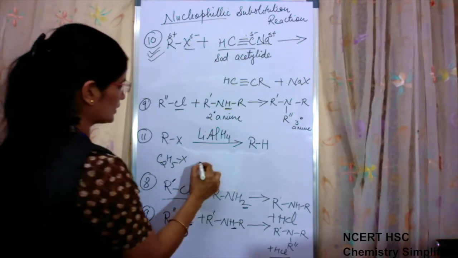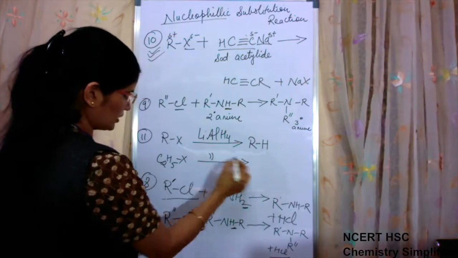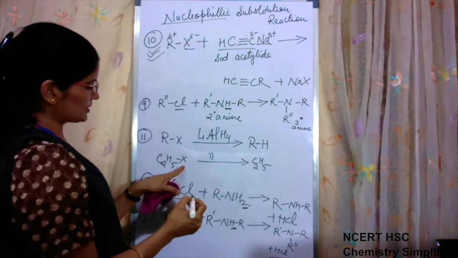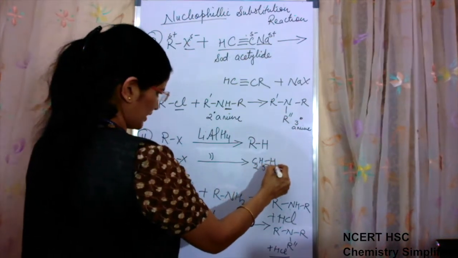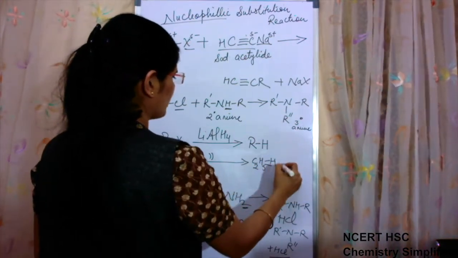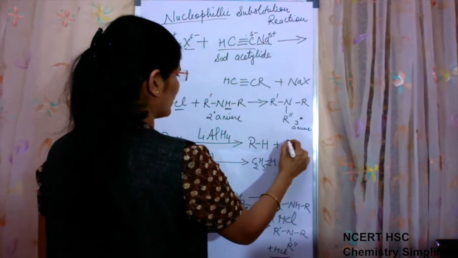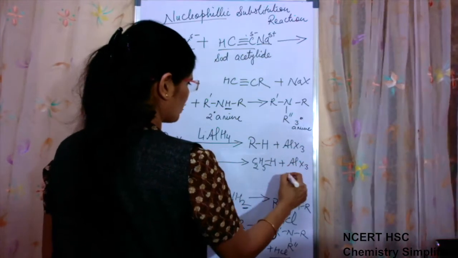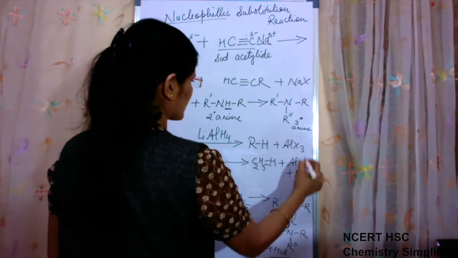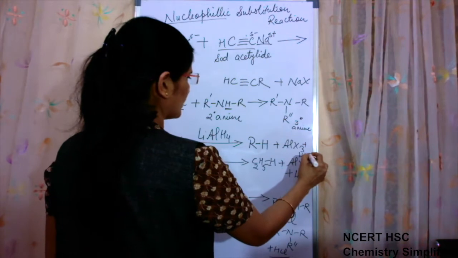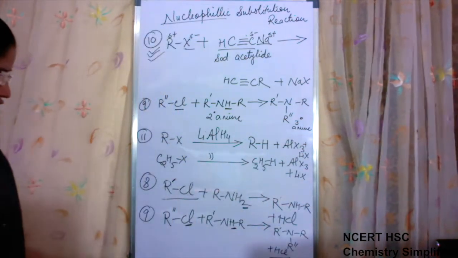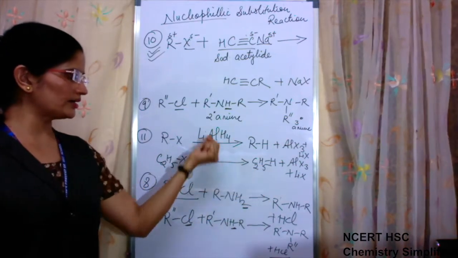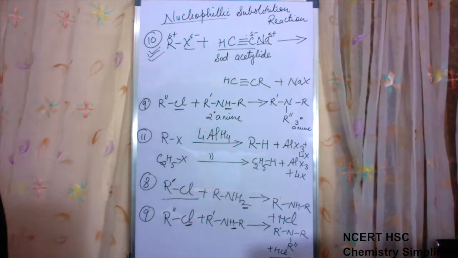C2H5X, reduction we are doing. So C2H5 will remain as such and this X will be substituted by H. And X will go in byproducts to form AlX3 plus LiX. Okay, so from alkyl halides, alkanes can be formed by reduction with lithium aluminium hydride.